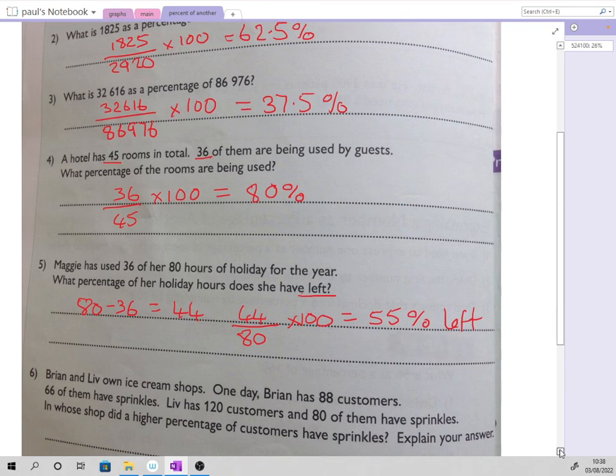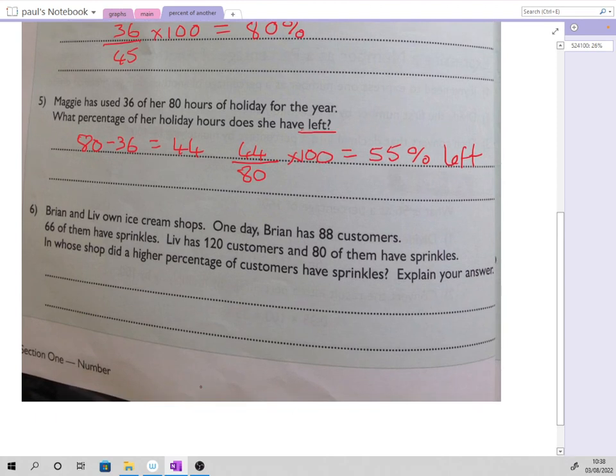Right, got the ice cream shop now. Brian and Liv own ice cream shops. One day, Brian has 88 customers. 66 of them have sprinkles. Liv has 120 customers and 80 of them have sprinkles. Which shop had a higher percentage of sprinkles?